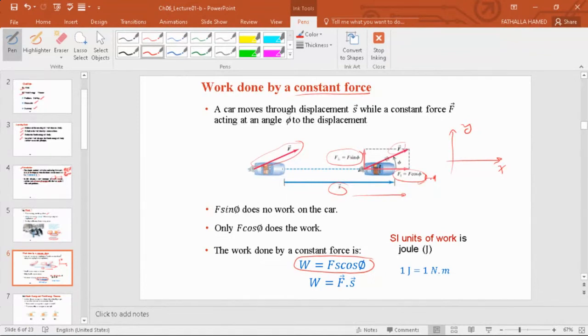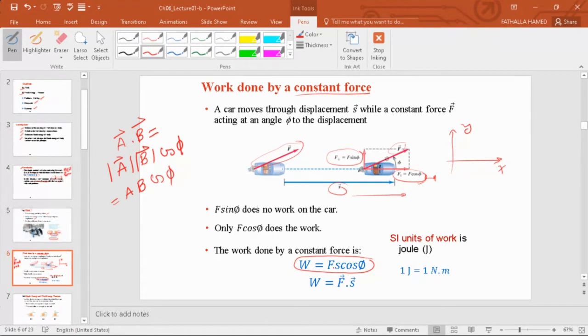Now you're familiar with what we did in chapter number 1 when we talked about multiplication of vectors, and we said if you have A dot B, this is equal to the magnitude of A, magnitude of B, cosine of the angle phi, where the angle is between these two vectors. Of course, we can write this as A B, without writing the absolute values, cosine phi.